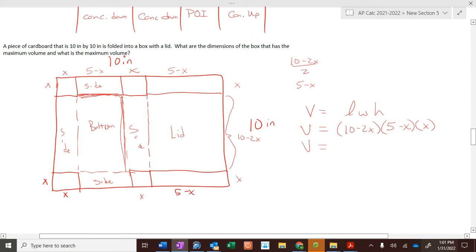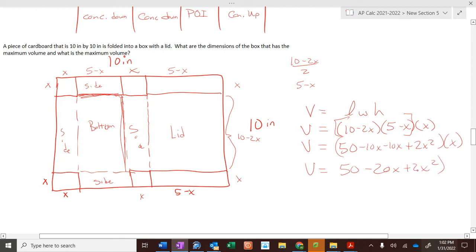So now what we have to do is multiply everything together. Okay, so let's FOIL these two first. So it's 50, outers is minus 10x, inners is minus 10x, last times last is plus 2x squared. All that is times x, so it's 50 minus 20x plus 2x squared.